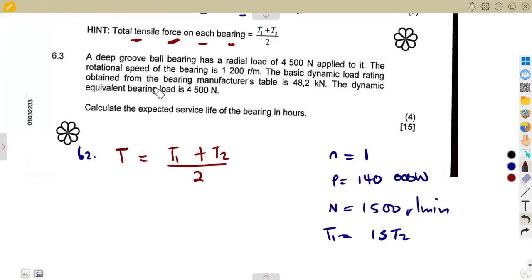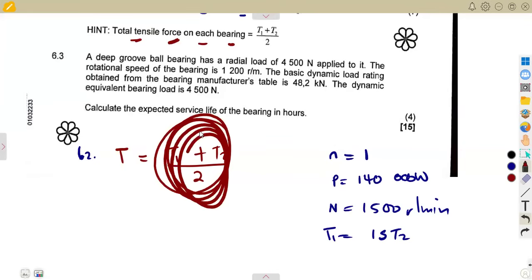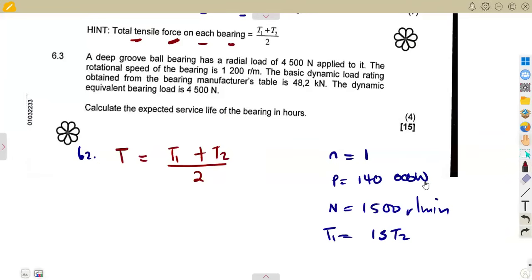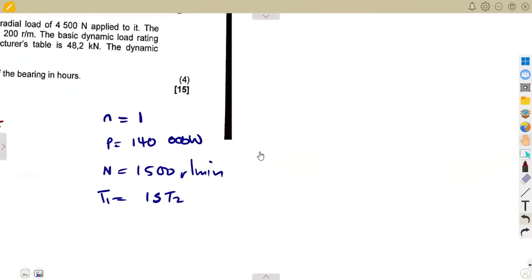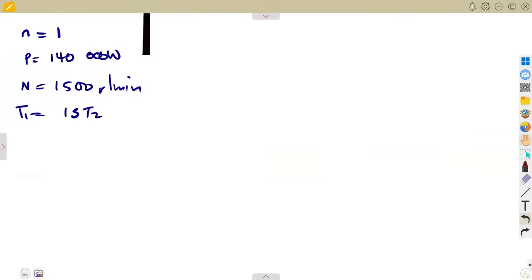The question was to calculate the total tensile tension, so we need T1 and T2. We use this formula because we are already given it. But where are we going to get T1 and T2 from what we're given?